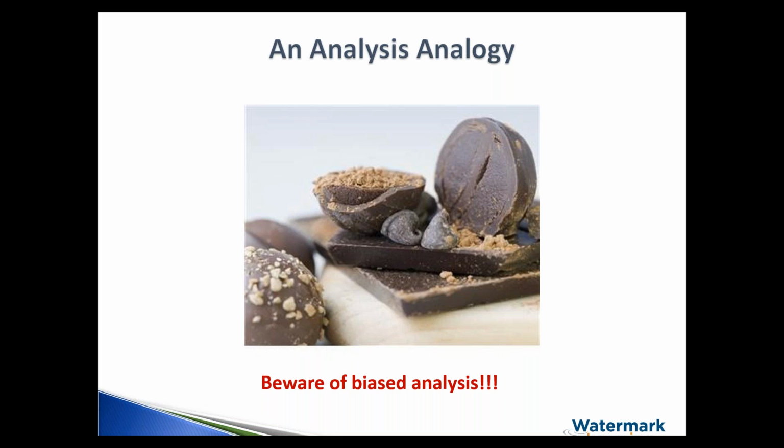If my hypothesis is that chocolate's healthy, I'm going to look for all the data that supports it, and I'm going, see, there I can have chocolate. This is what it tells me.